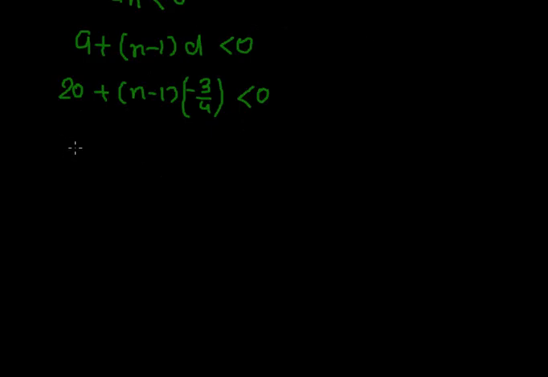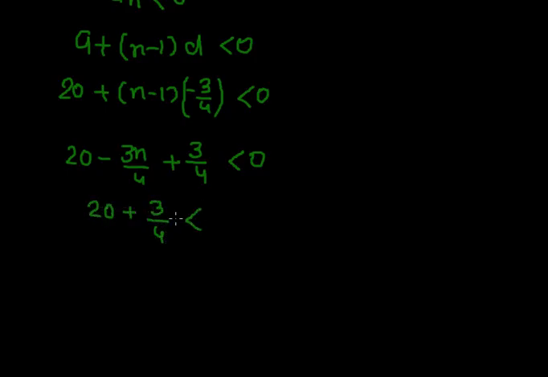Further solving it, we get 20 minus 3n/4 plus 3/4 should be less than 0. We can also write it as 20 plus 3/4 should be less than 3n/4.